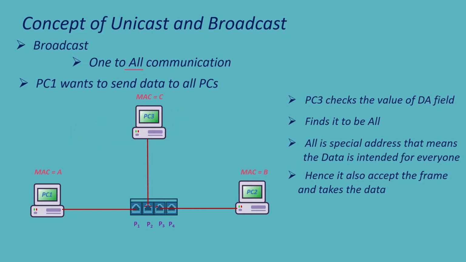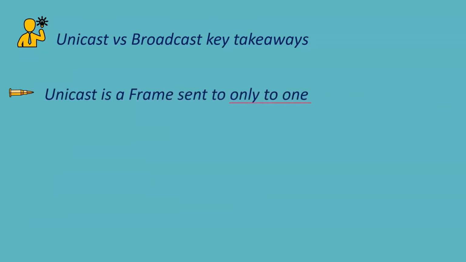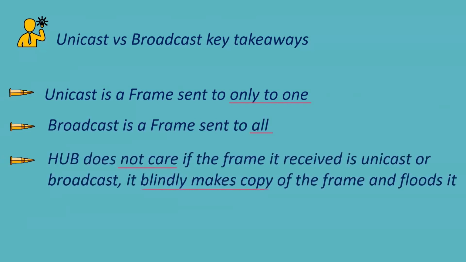Sent to all with a special destination address. Just a summary of unicast and broadcast quickly. A unicast is a frame sent to only one destination. Broadcast is a frame sent to all. And the hub does not care if the frame it received is unicast or broadcast.